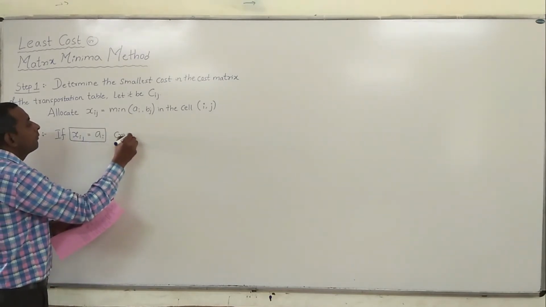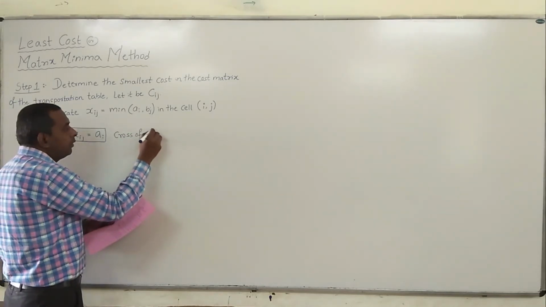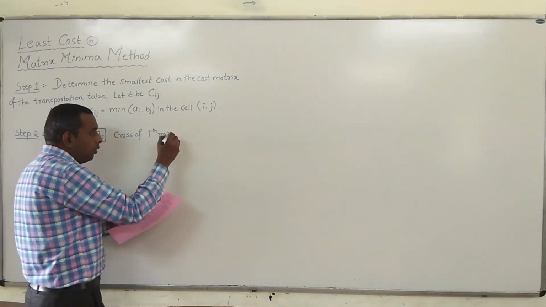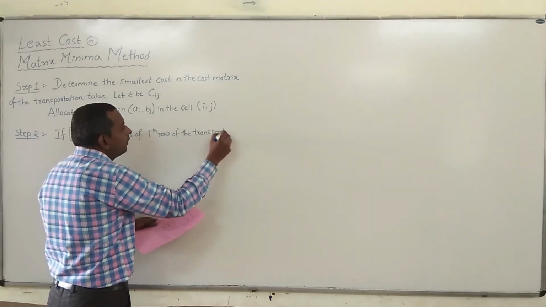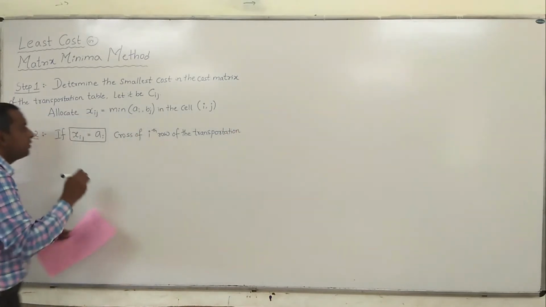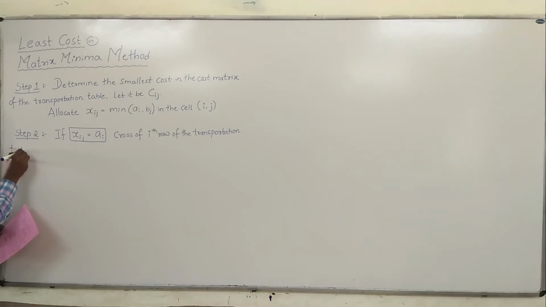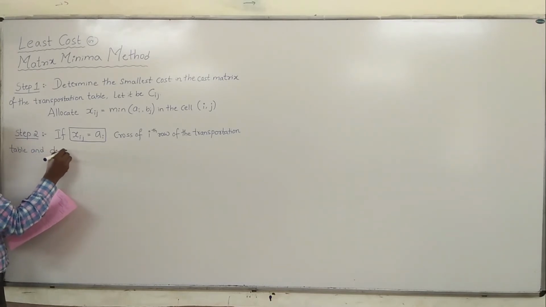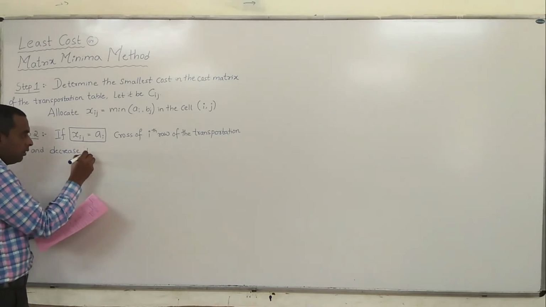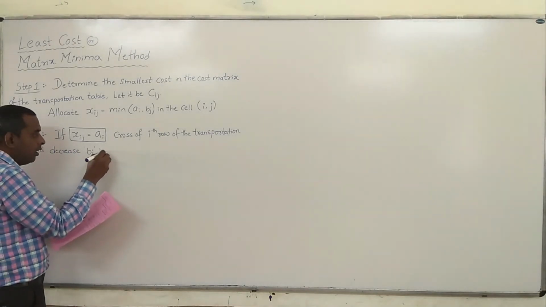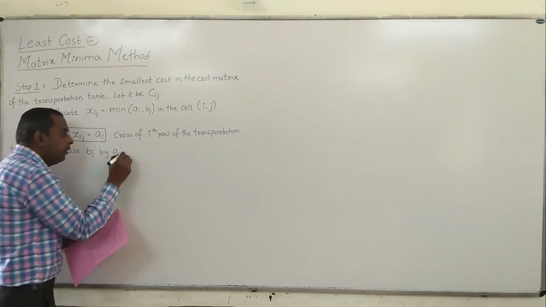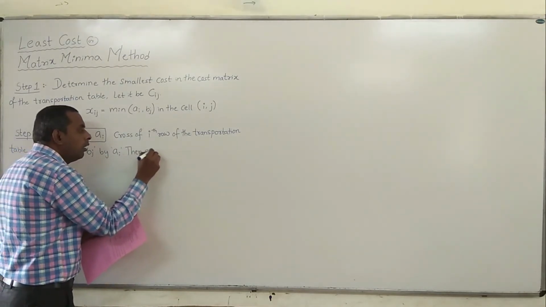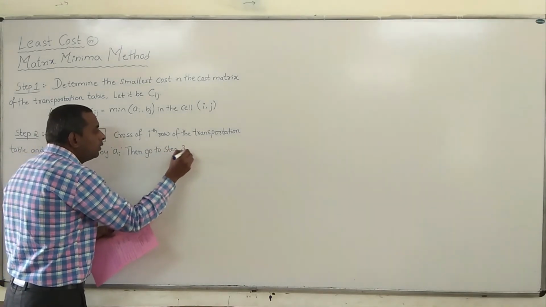Cross off the ith row of the transportation table and decrease Bj by Ai, then go to step 3.